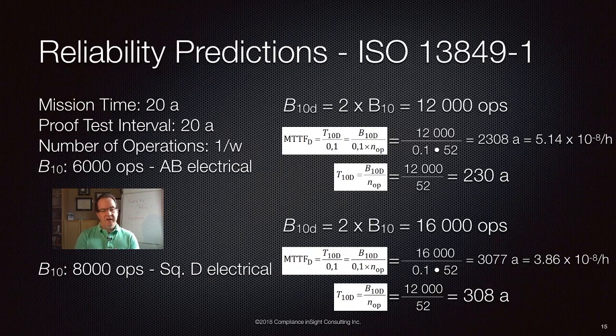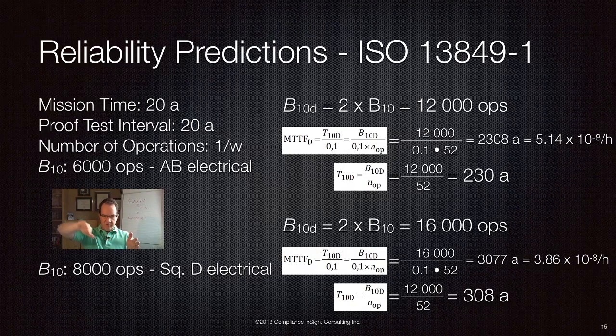But 13849 tells us that for electromechanical devices, we can essentially double the rated life of the product to give ourselves B10D. So if we look at the Allen Bradley switch, we're looking at 6,000 operations for B10, okay, and 8,000 operations for B10 on the Square D. Now, if you've ever looked at the reliability bathtub curve, what we're talking about here, that B10 point, is where the curve comes off the horizontal and just starts to climb.